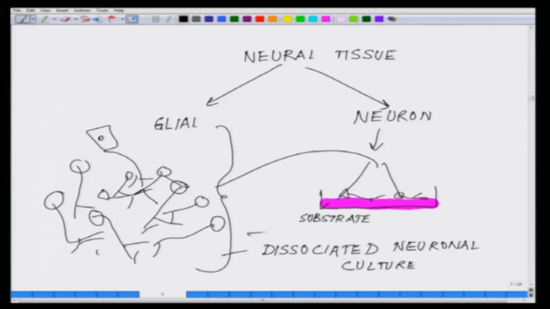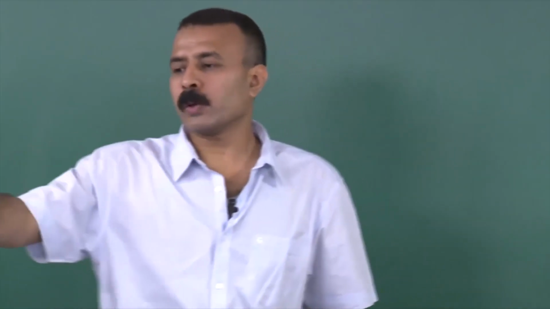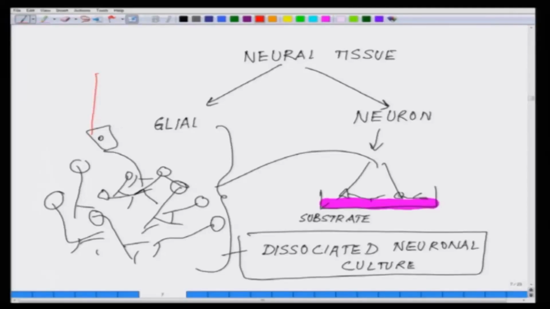Now, in this dissociated neuronal culture, you can approach the individual cell with individual electrodes. You can have a sharp electrode like this, approach the individual cell, and monitor several events.